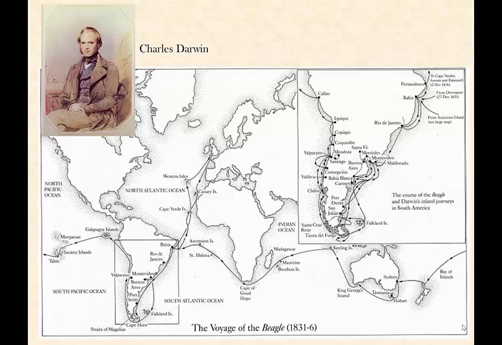One of the great scientific voyages of discovery, well, not really of discovery, of biological discovery. They weren't discovering new lands at this point, but they were scientifically investigating. It was a scientific expedition.